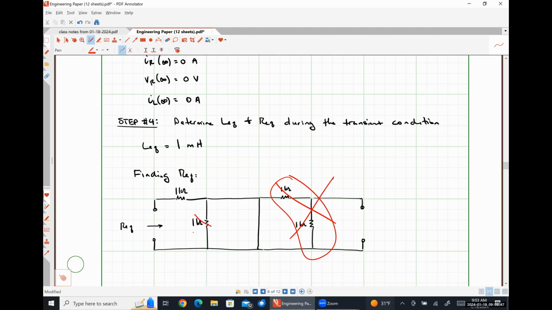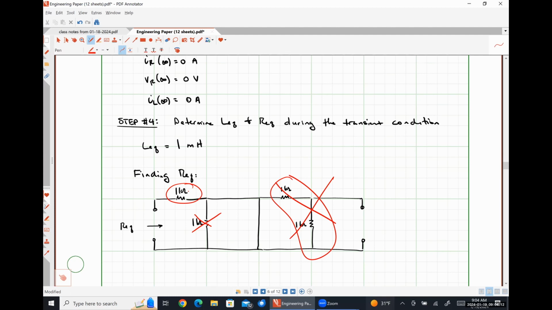This 1 kilo ohm resistor right here is in parallel with the short circuit, so it doesn't contribute at all. So it's literally just this 1 kilo ohm resistance. Yes, the two on the right in that series combination are in parallel with that short circuit in the middle. Thank you for that.